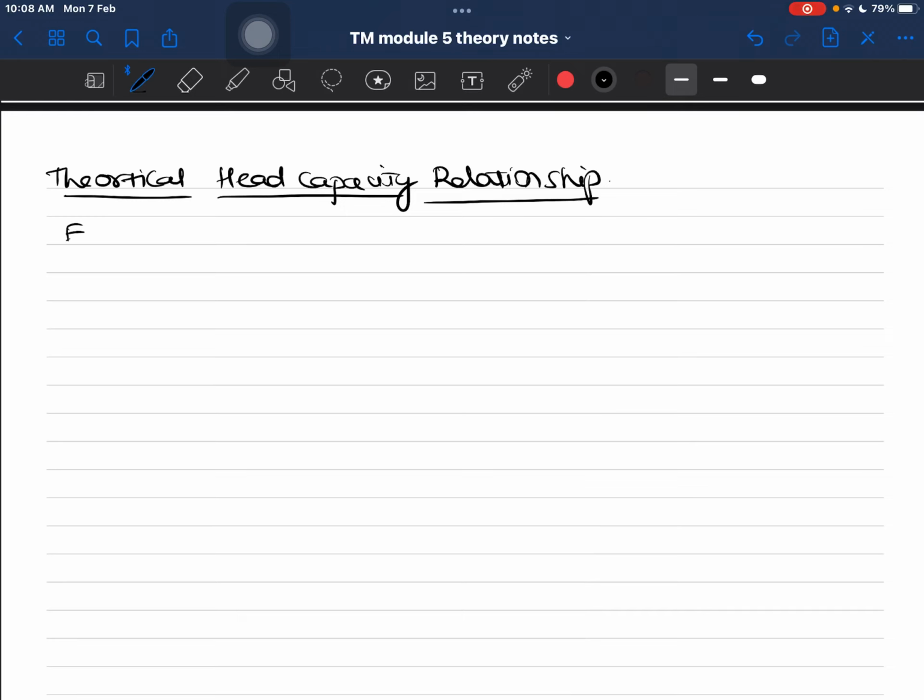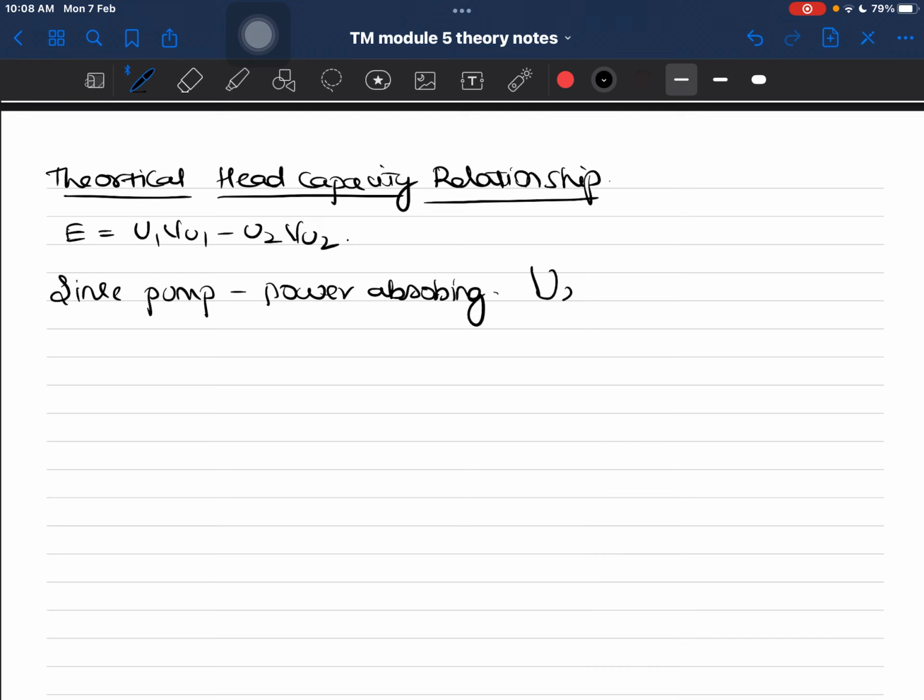Generally, the energy from a turbo machine as per Euler's equation is given by U1 VU1 minus U2 VU2, correct? Now, since pump is a power absorbing machine, what you can observe is U2 VU2 would be greater than U1 VU1.